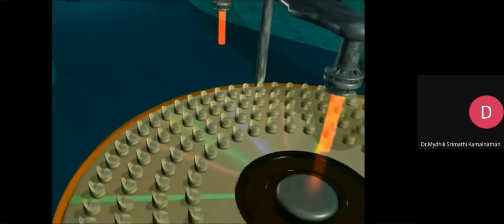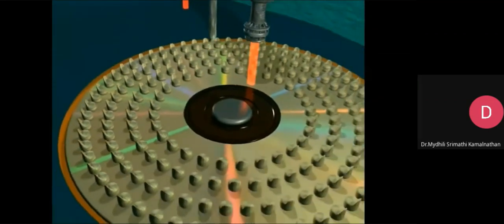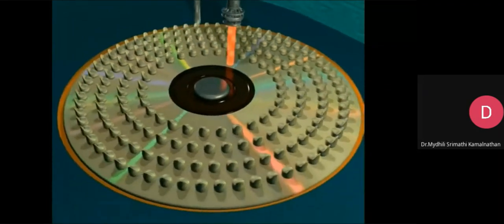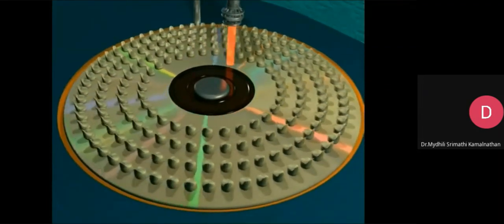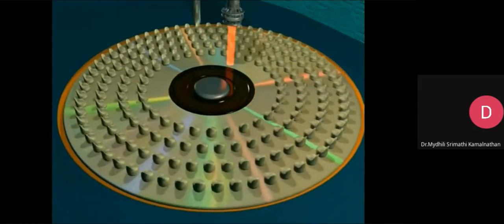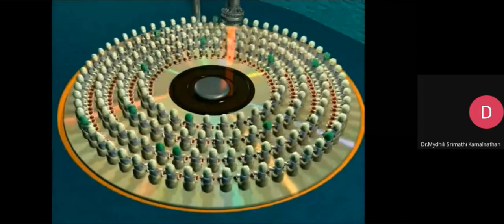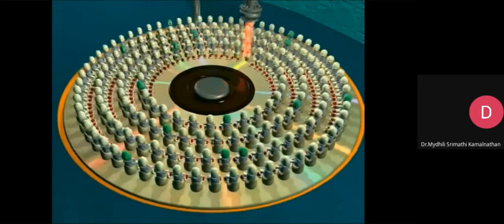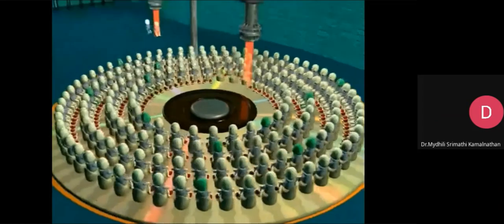This is the data in the CD. So imagine it is a CD which has data. The data on the CD is in the form of zeros and ones. So how is this data analyzed by the machine? It is in the format of zeros and ones.